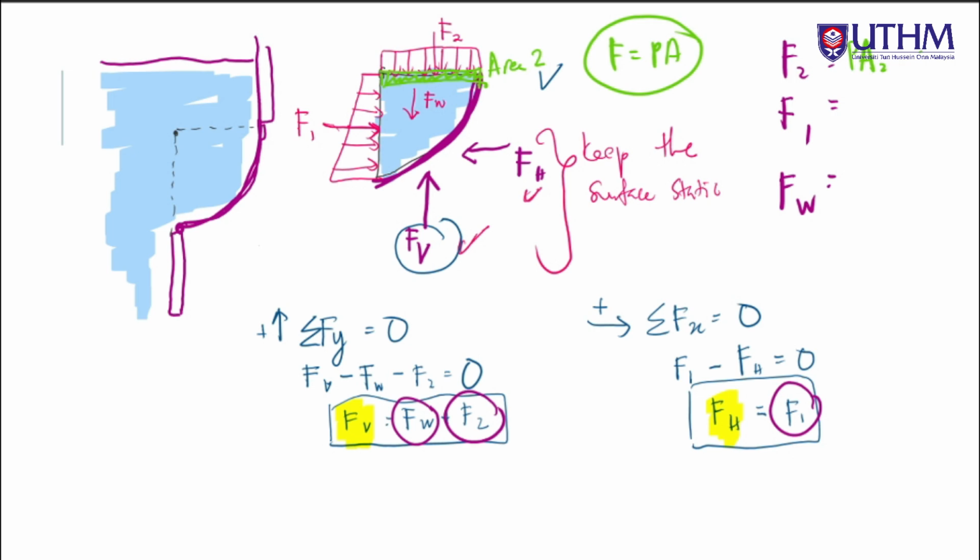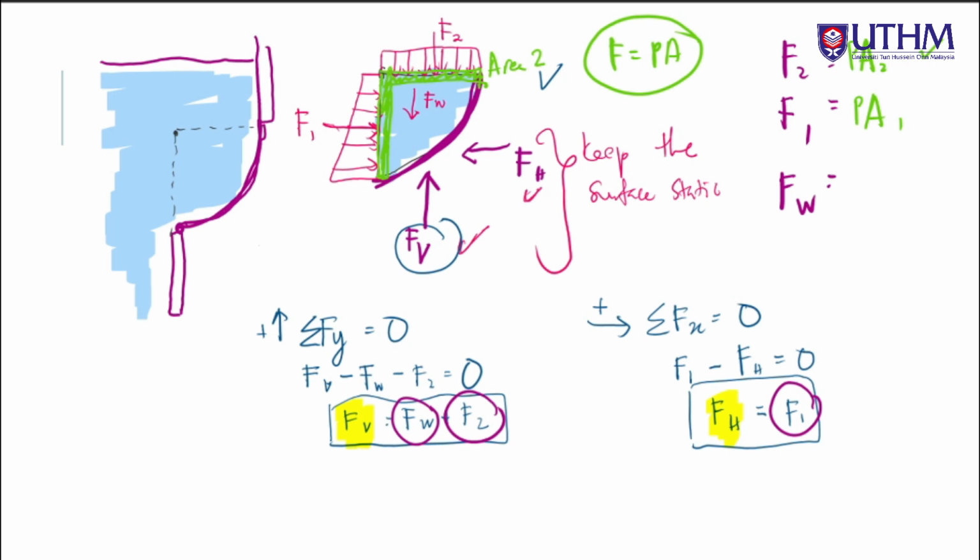Kita dapat calculate for F2. And how about F1? F1 pun sama, because kita tengok dari tepi, so dia punya area adalah this area. Height kali width dia, berapa area dia? So this is P kali A1.